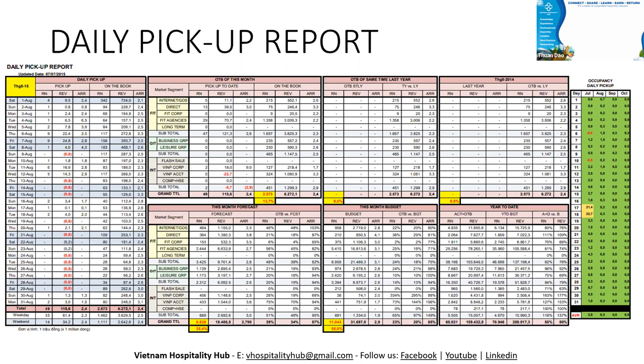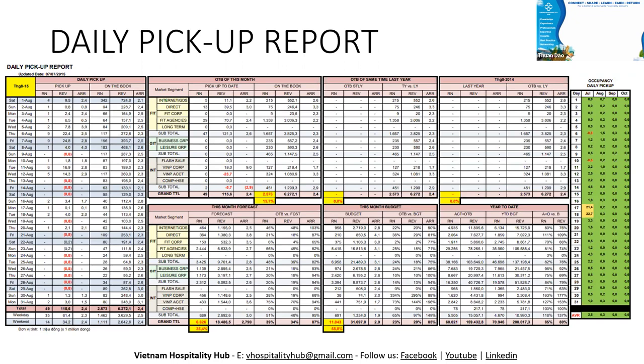Let's say every day, when revenue comes to the office, we need to do this report. Then we say, hey, yesterday we picked up another 200 room nights. So it's good. But if we look at the report and we have a minus, minus 100 room nights, that means we got a lot of cancelled bookings.